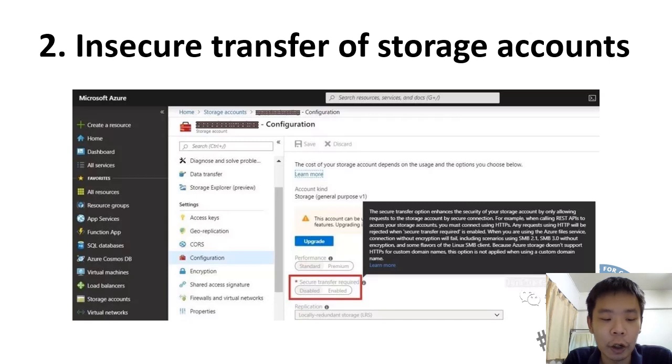The default setting of an Azure storage account is to accept any protocol, which inevitably makes cloud storage vulnerable to eavesdropping attacks. A well-positioned attacker may eavesdrop on communication and gain access to sensitive or private information. Obviously, encrypted data transmission should be enabled for all storage accounts.